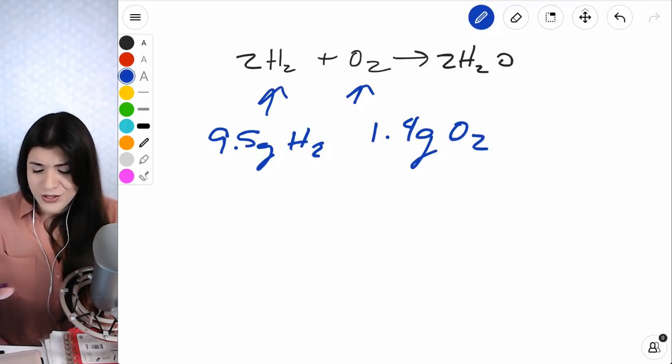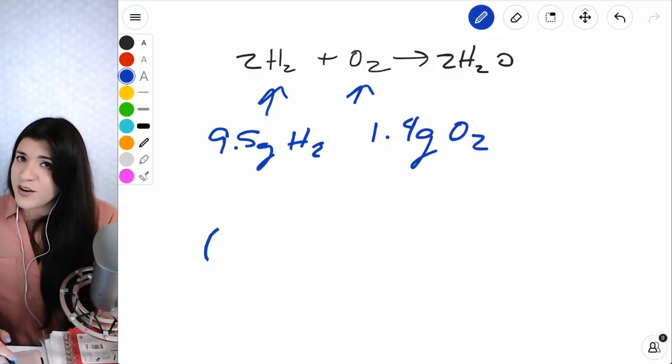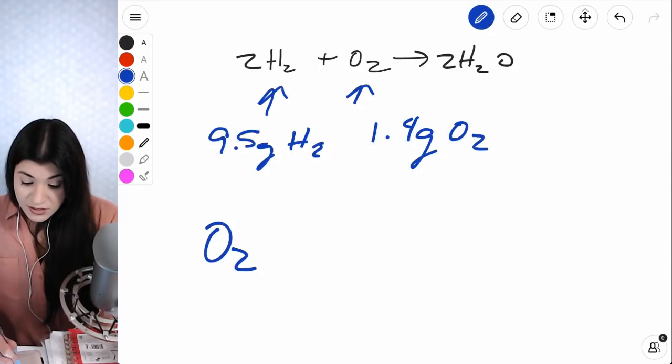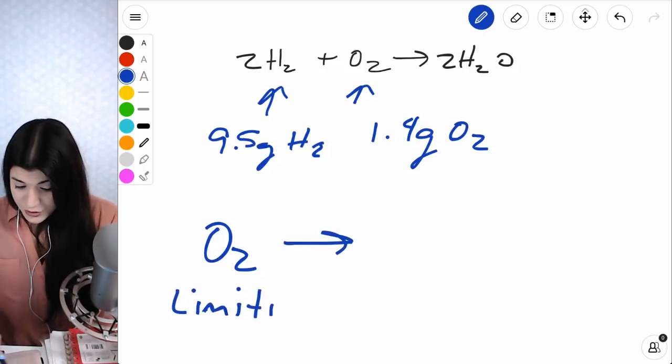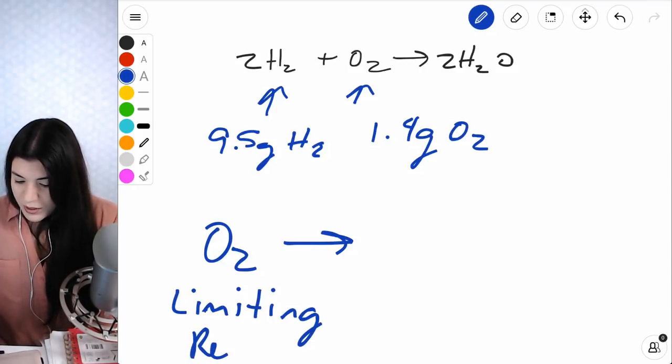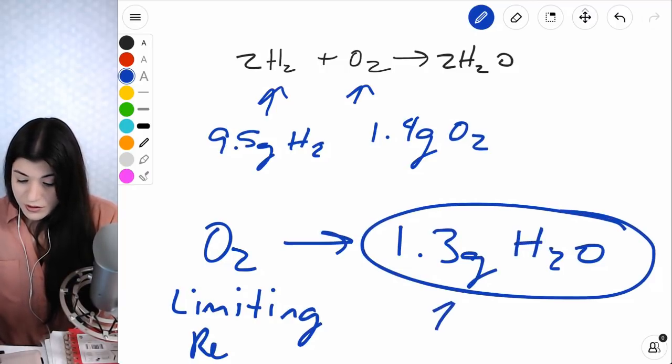That's what I want you to focus on. What we found was that O2 produced the least amount of product. Since this is our limiting reactant, whatever it produced, so let's say this ended up giving us 1.3 grams of H2O, then this portion is our theoretical yield.